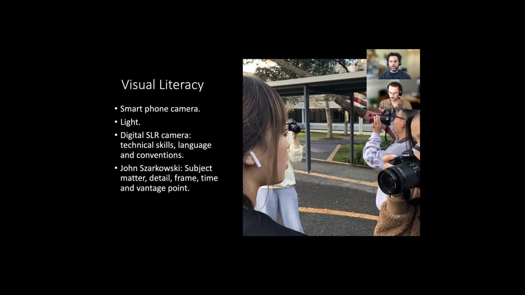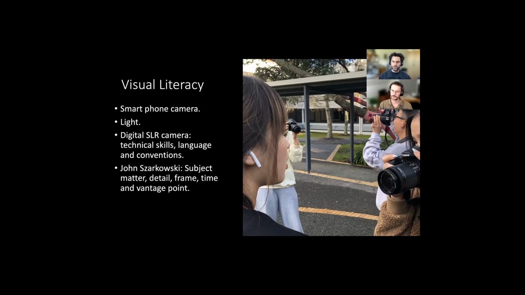It also introduced light and kinds of light, ways of reading the light that are connected to photographic practices, and introduced the digital SLR camera and then technical skills around manual shooting modes, language, and photographic conventions.